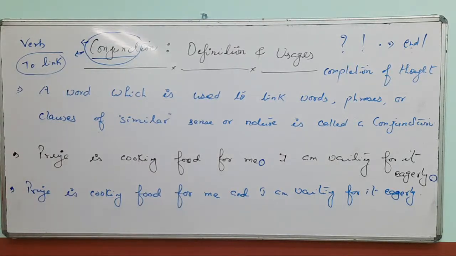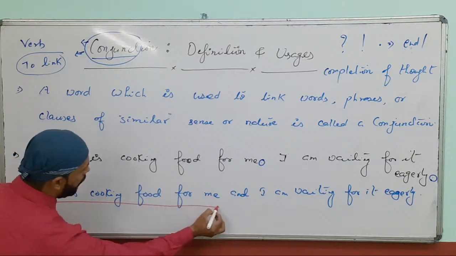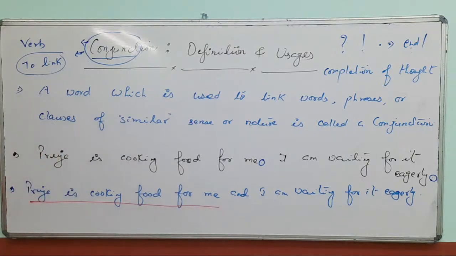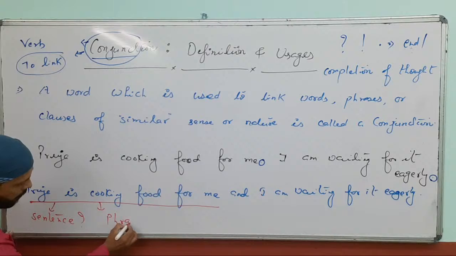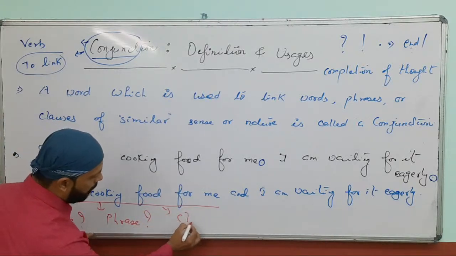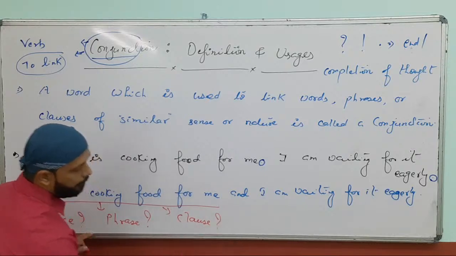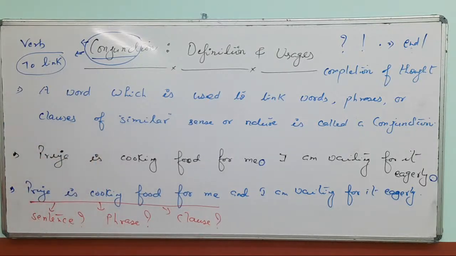Okay, now my question. Priya is cooking food for me. Is it a sentence? Is it a phrase? Or is it a clause? You can answer it. It's my question to you.